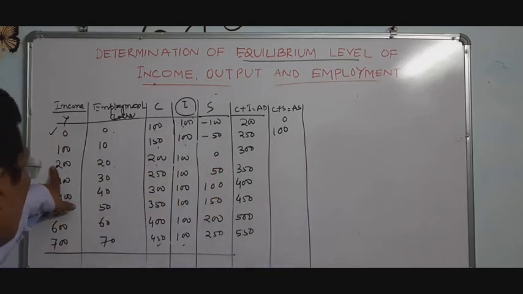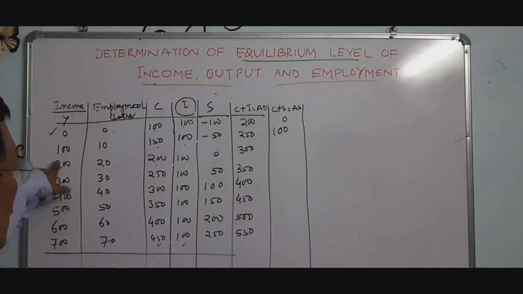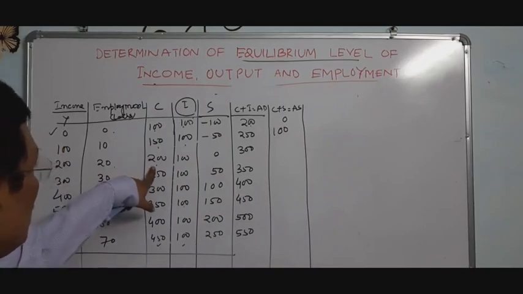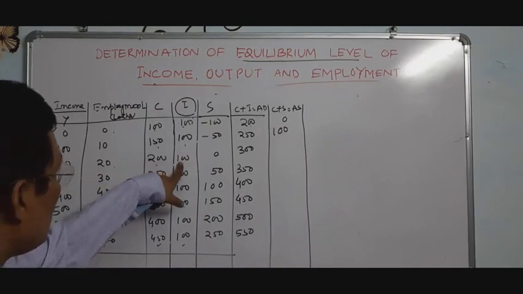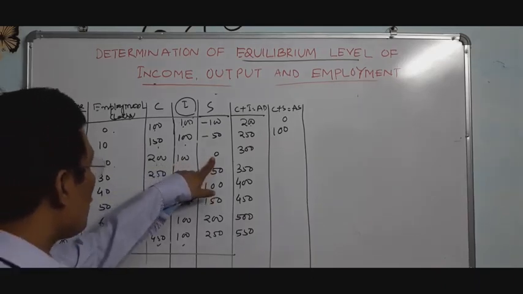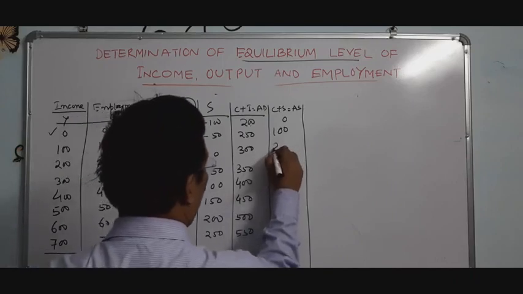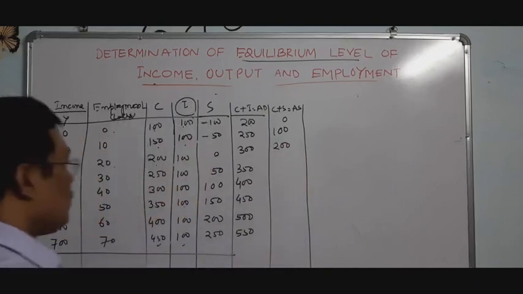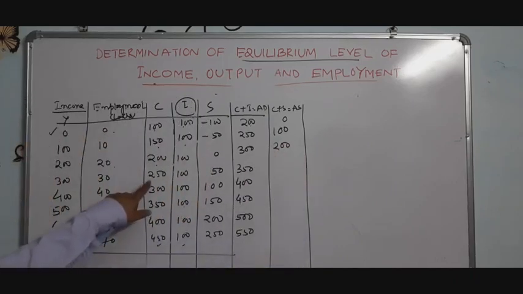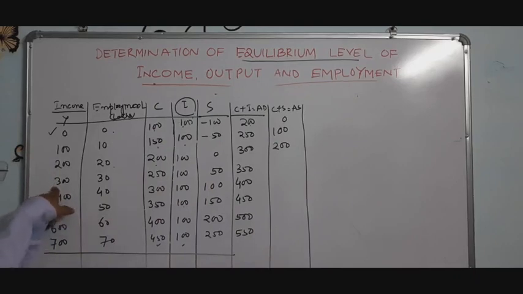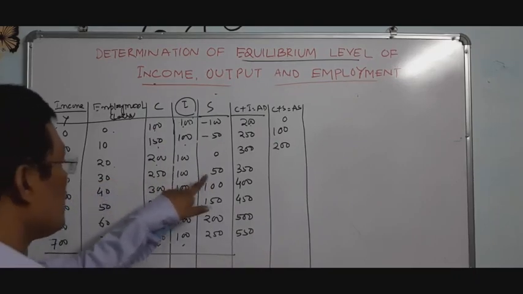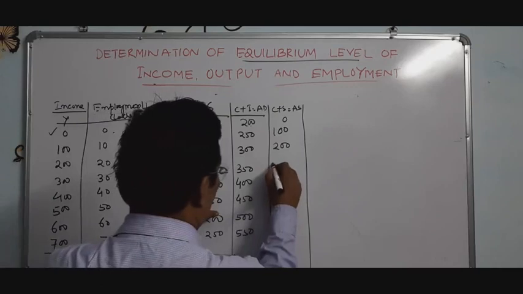At the 200 level of income, consumption is 200, saving is 0, so 200 plus 0 equals 200. At 300 level of income, consumption is 250, saving is 50, equal to 300.